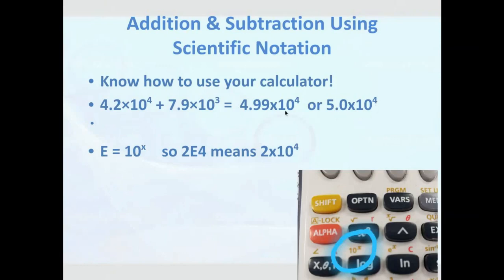You might also, instead of seeing it written out, see this E button. So an E on your calculator is going to mean the same as 10 to the X for your answer. So if your calculator gives you 2E4, it really means 2 times 10 to the 4th.